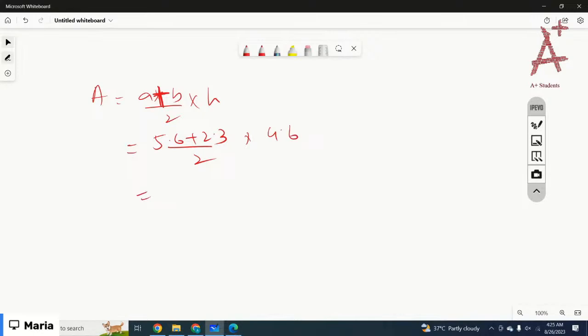It is 18.17 centimeter square, right? That is the area of each of the two same trapezoids, so 2 times 18.17 equals 36.34.